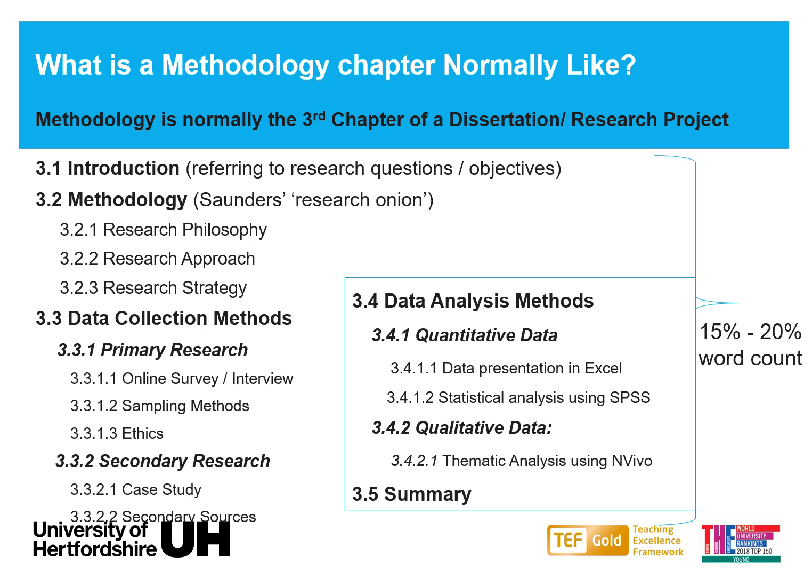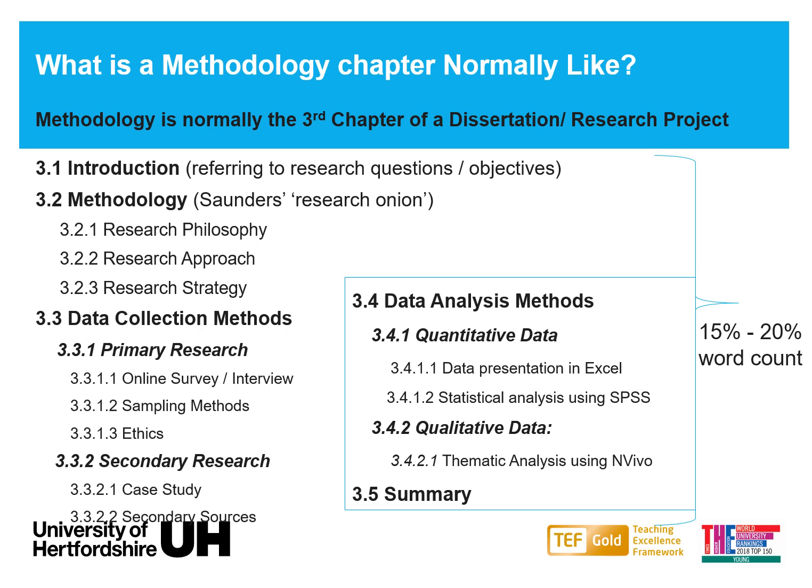Methodology is normally the third chapter of a dissertation or research project. It normally starts with an introduction and ends with a summary, like any other chapter. The main body of the methodology comprises the methodology, the theories underpinning the research, and then the specific methods for data collection and data analysis.